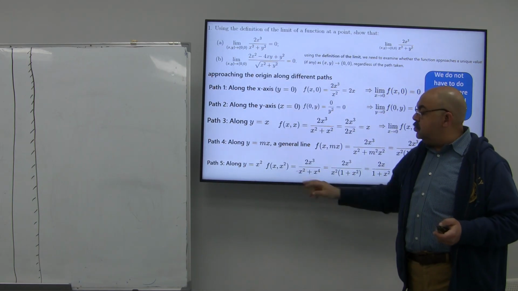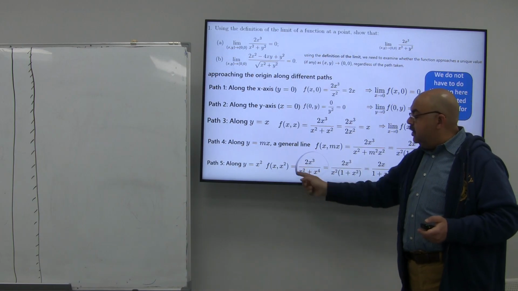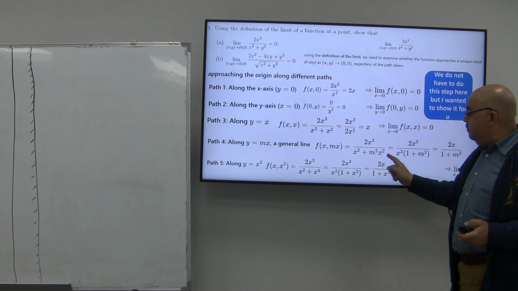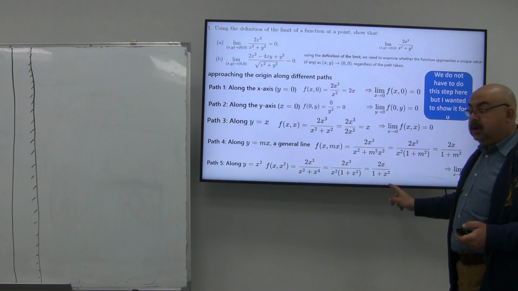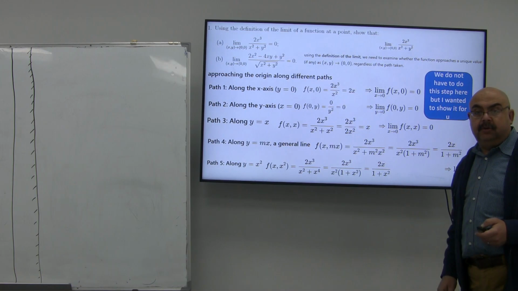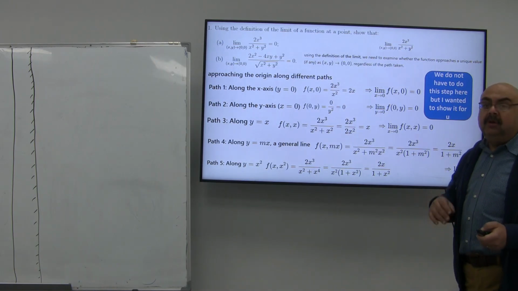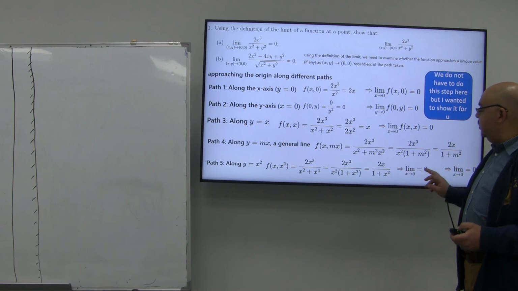Once more taking x squared as a common factor and simplifying the kernel of this function, I will end up having 2x over 1 plus x squared. If I take the limit now for x tends to 0, the numerator will force this value to equal 0. Now I'm sure that the limit equals 0 for this one. Here we go. This is the limit equal to 0.